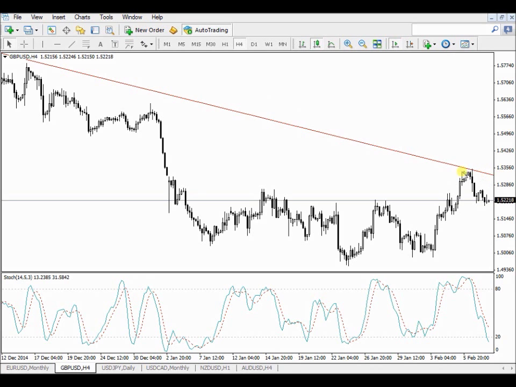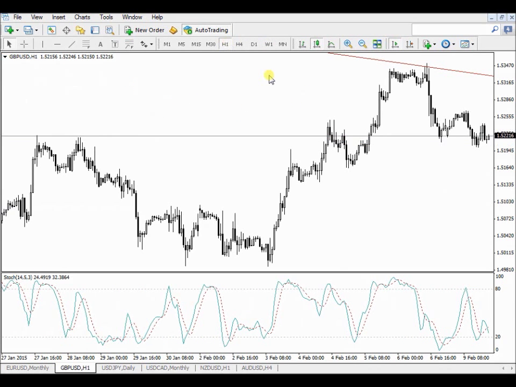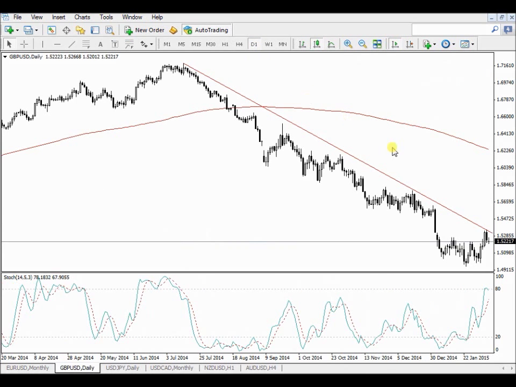Do you see that trend line held up? Indicator was in an overbought area, came down, but there's one thing missing. There's no candle information that I should sell this market. Going down to the hourly, that area held up, but there's nothing indicator wise, price action wise, that shows me that I can sell that market.